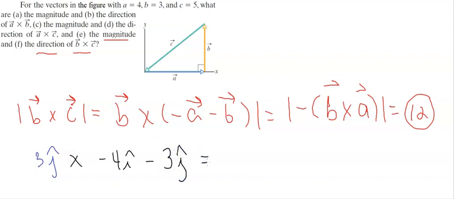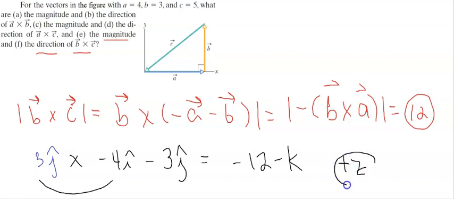Alright, so this term is going to be negative 12. j cross i is negative k, so our resulting vector is going to be facing positive z because the two negatives cancel out. And again, j cross j, they're parallel, so that part is going to be 0.